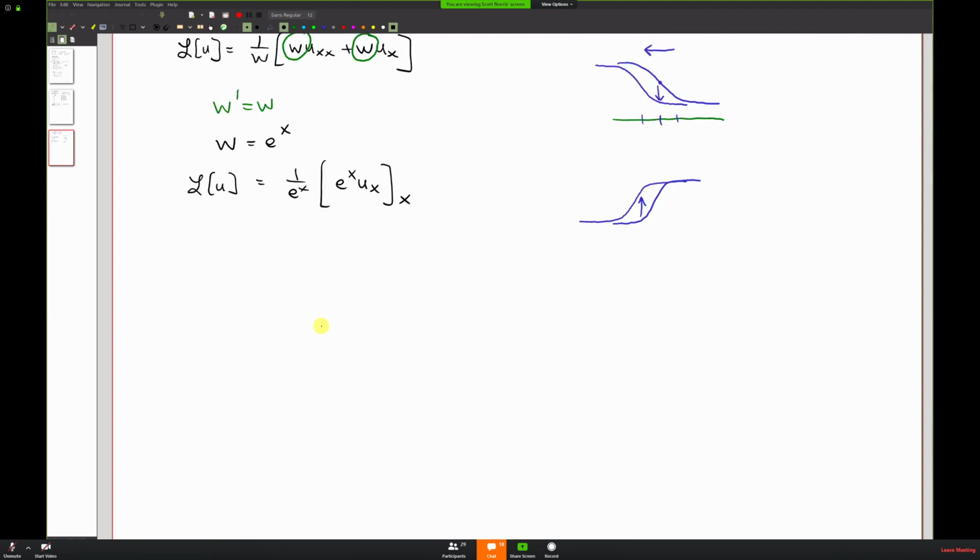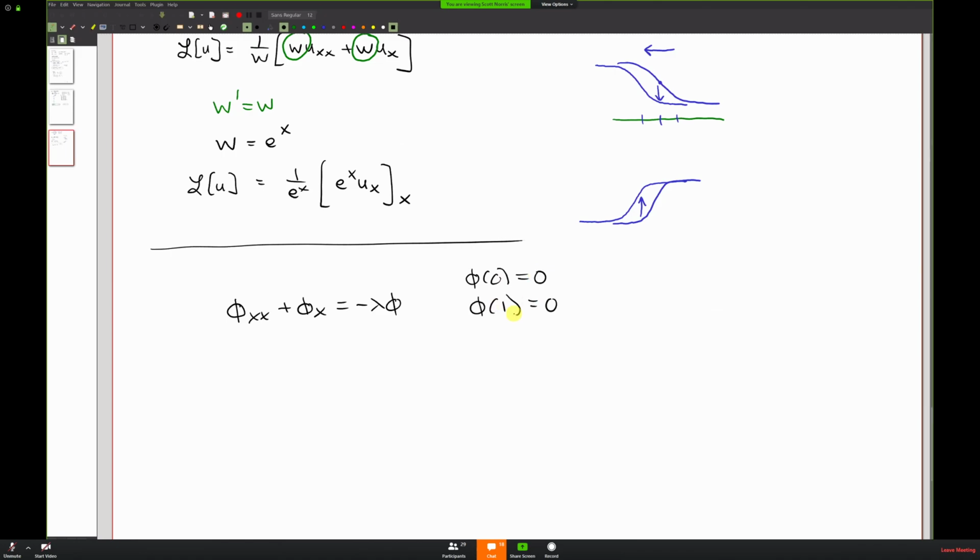Okay, so next, find those eigenfunctions. The eigenfunctions are going to satisfy phi_xx equals minus lambda phi. No, I'm sorry, that's not true at all. Phi_xx plus phi_x equals minus lambda phi with phi of 0 equals 0 and phi of 1 equals 0.